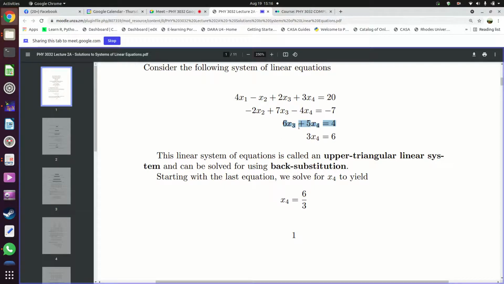This process where your linear equations are arranged in this manner, you start with the last equation, find the value of the unknown, then substitute that value up, and keep going until you find all of them, is what is referred to as back substitution. Are we clear?